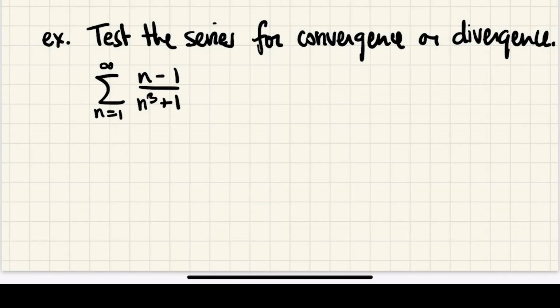All right, by this stage in the game, you should hopefully be looking at this particular series and going, hey, that's purely algebraic. Let's go to the limit comparison test. And yeah, that is a winning strategy. So by all means, we should do that. So what is the p-series this is going to behave like?